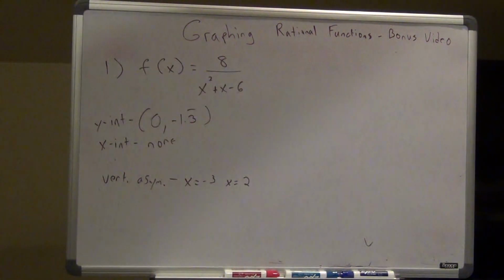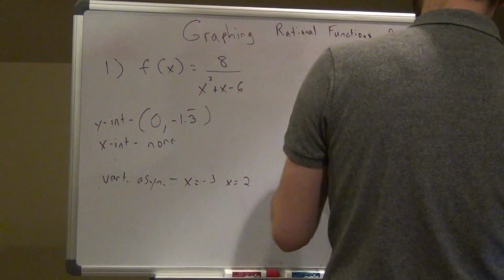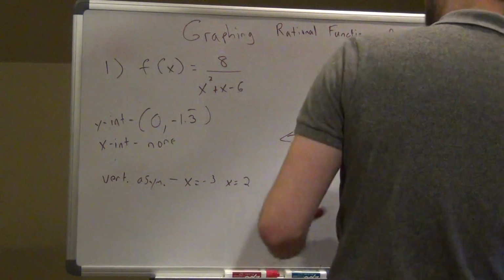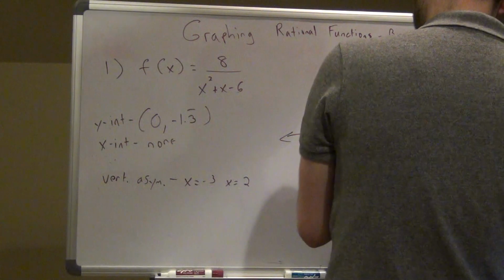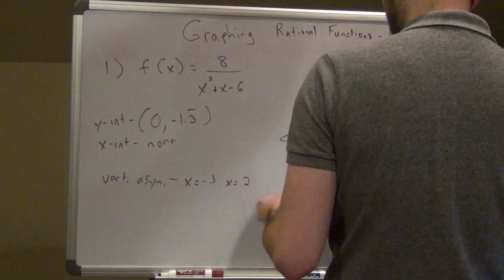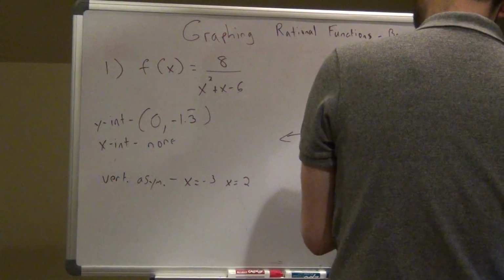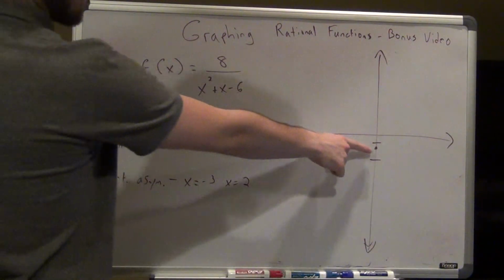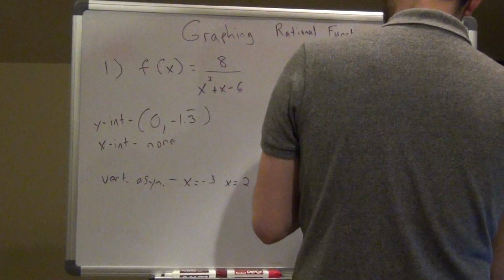Alright, so let's graph what we have so far. Let me draw my graph. So we have a point, 0, negative 1.3. I'll just use the pink again. 0 to negative 1.3, here's negative 1, here's negative 2. So 0, negative 1.3, there's my y-intercept right here. Then I've got two vertical asymptotes, I'm going to draw them in teal again. I have one at negative 3, so negative 1, negative 2, negative 3.